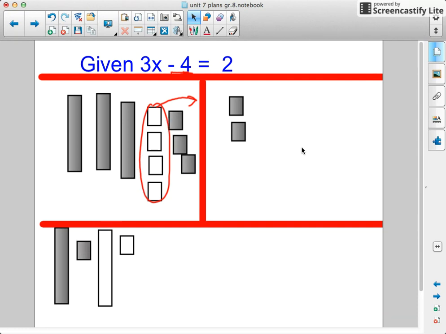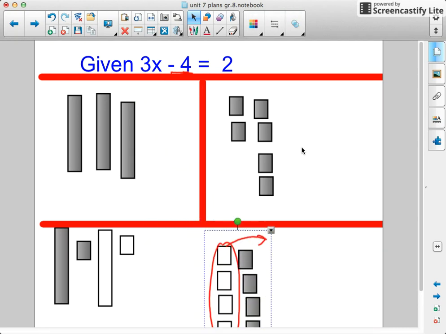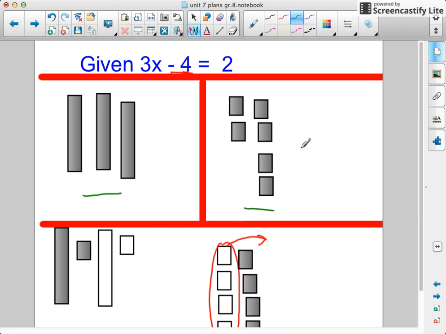But because of preservation of equality, if I put 4 positives on that side, I have to put 4 positives on the other side. Kind of like the balance model and preservation of equality. Whatever you do to one side, do the other. Now, these ones I get rid of because they're 0 pairs. They're equal to nothing. So now I have variables on one side, constants on the other.